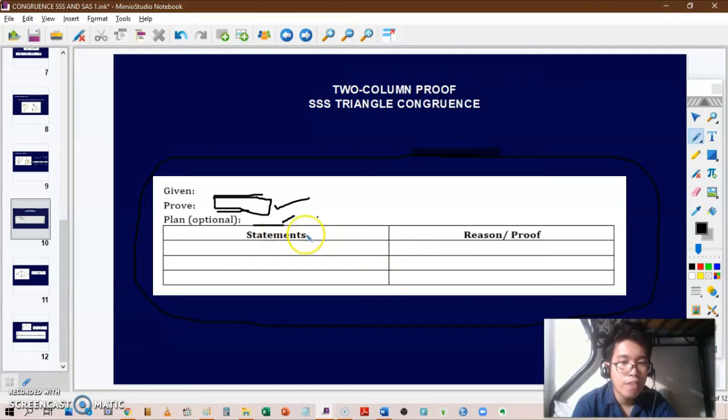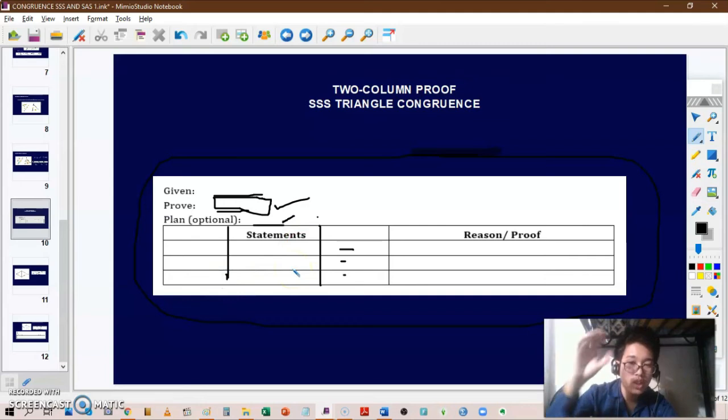So we have here the column, the statements. This is where you put the logical sequence of your proof. It has to be logically arranged, and it has to lead to the item that you are trying to prove. And then we have the reasons or the proofs.